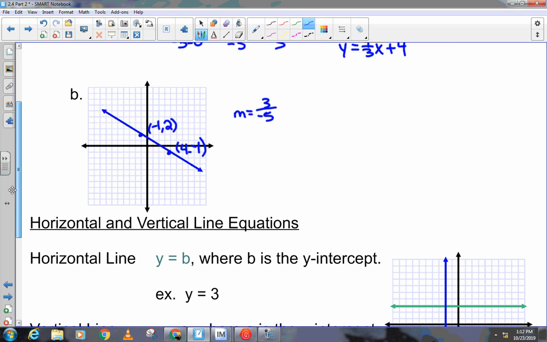So let's just use that first one, -1, 2, and plug it into my formula. y minus y1 equals m times x minus x1. So it would be y minus 2 equals -3/5 x minus a -1.